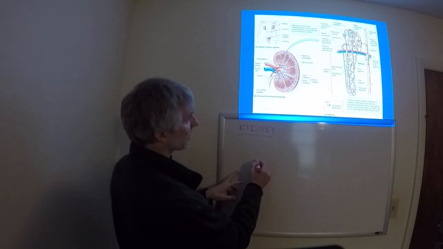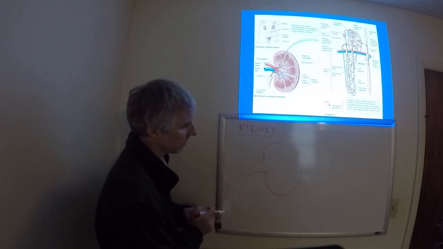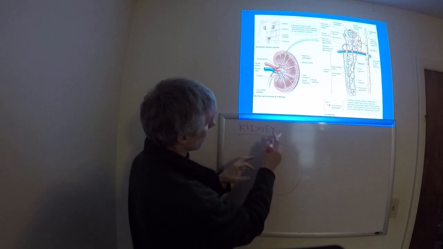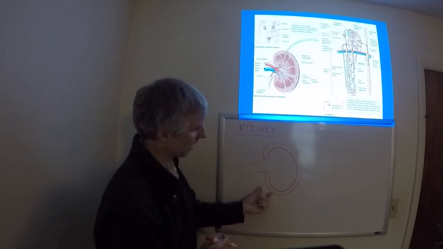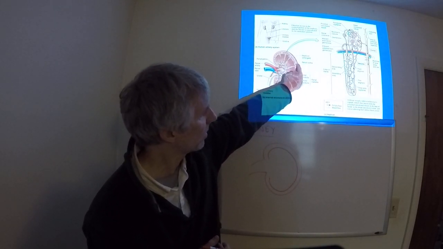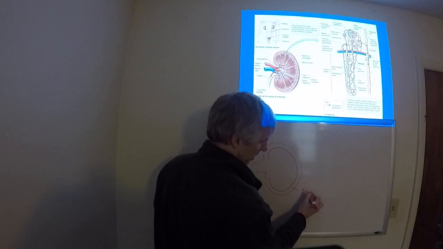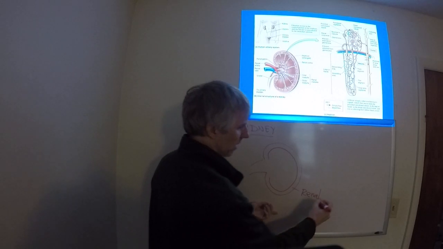All right, the kidney itself, in this section we can see this very well, is divided into two main sections. So we have this kind of kidney bean shaped structure, but notice that there's really an outer portion of this here. This is called the renal cortex. Anytime you see the prefix renal, think kidney.